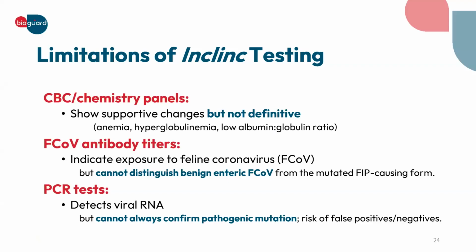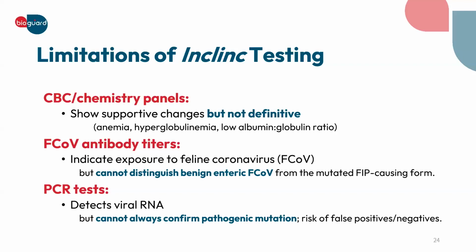And when we talk about FCoV antibody titers, that can indicate that there could be FCoV exposure, which is probably converted into FIP, but still it cannot differentiate between FCoV and mutated FIP.